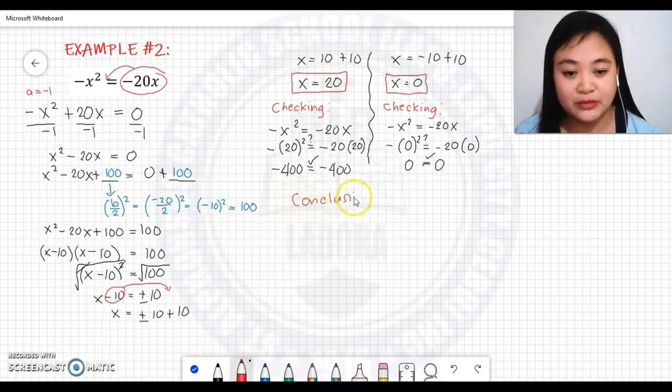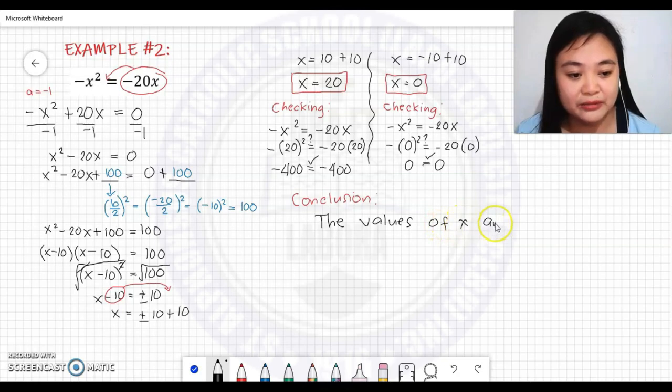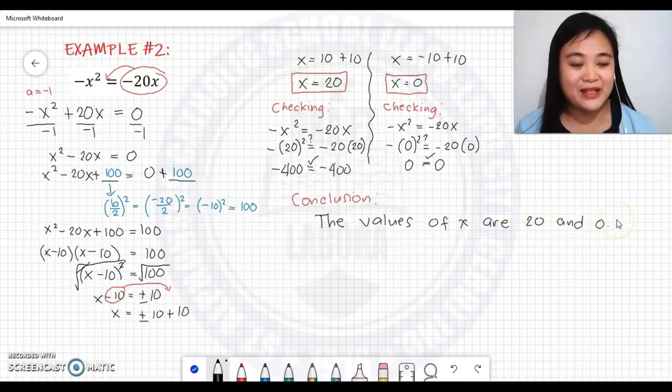Therefore, the values of x are 20 and 0. That's it. As simple as that. Now let's proceed to the next example.